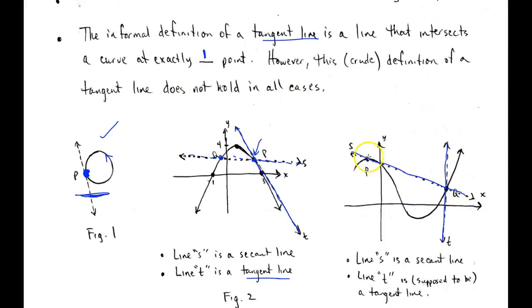And so it's really the tangent line that's the issue here, because at point Q, this particular function is increasing, but it's not increasing at the rate that the line T is. So if I wanted to draw a proper tangent line, it would look something like this.